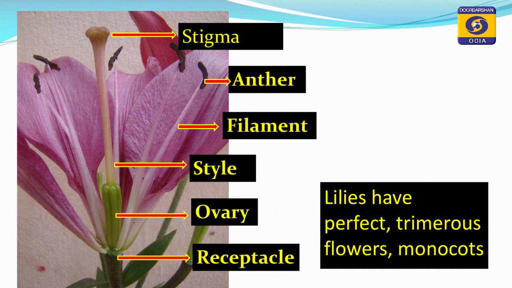So, now instead of 2 whorls, calyx and corolla, this has 1 whorl, called perianth. Wherever sepals and petals are indistinguishable, the whorl surrounding the stamens and carpels is called perianth, and the individual members of the perianth are called tepals. So, it is also a perfect flower having stamens and carpels.